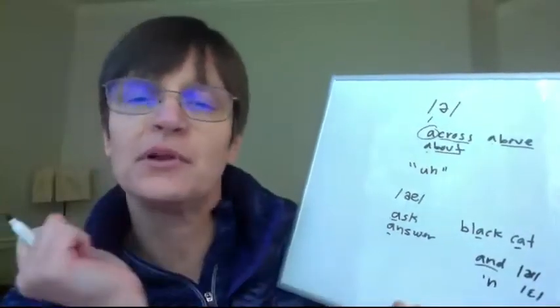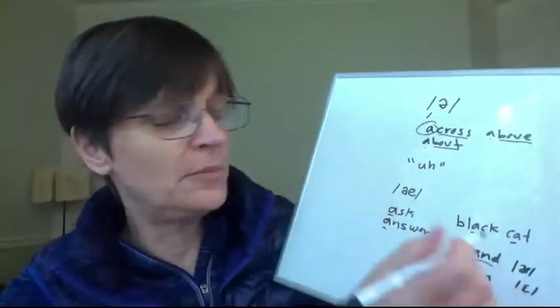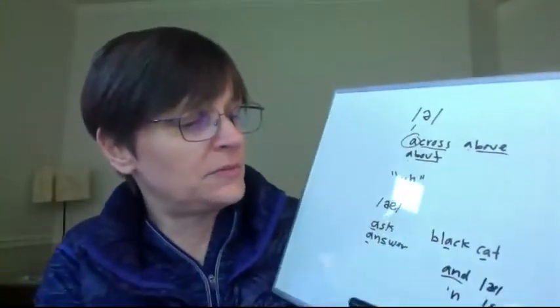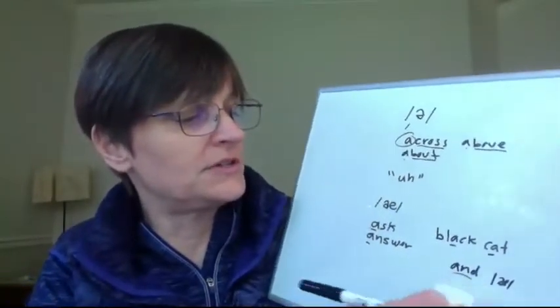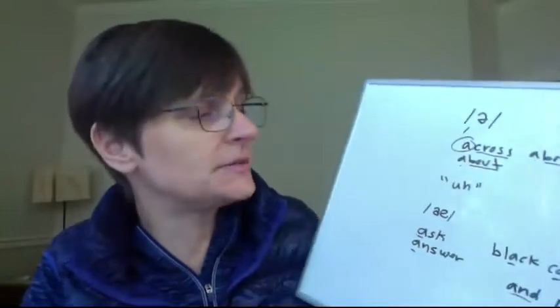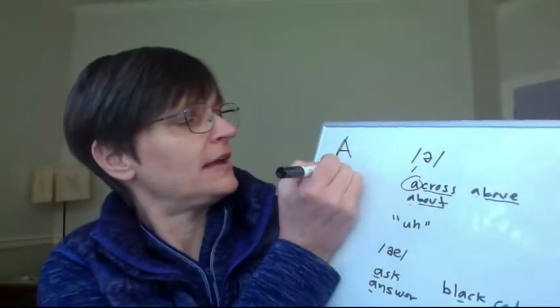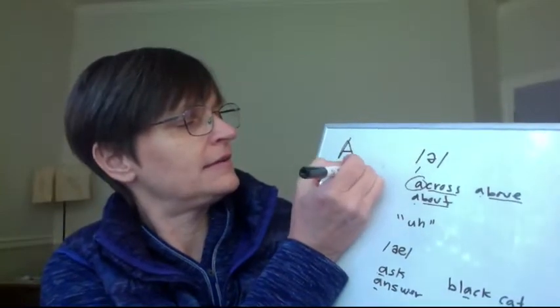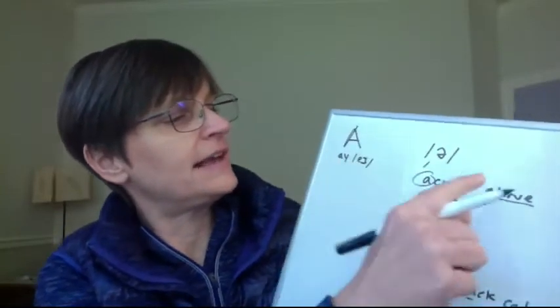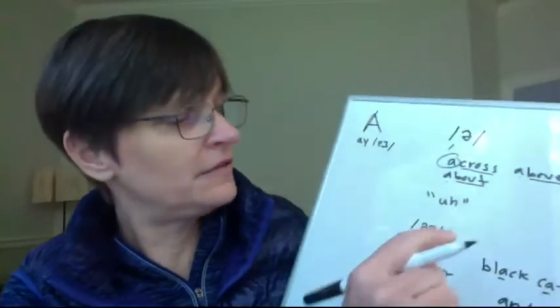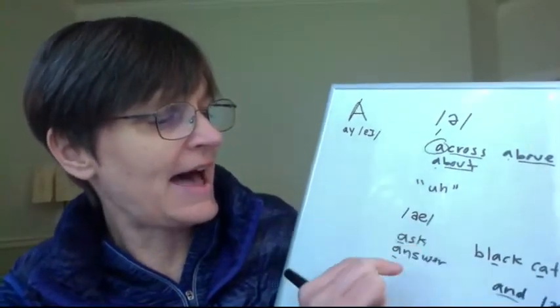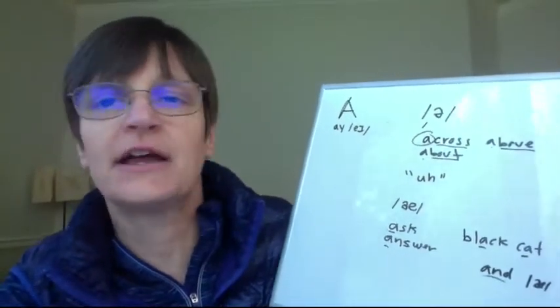And that's an example of speech reduction. But for most cases where the word is stressed, the vowel æ is consistent. So we have letter A saying æ. We have letter A saying schwa, like across and above. We have letter A saying æ, like ask and answer and black cat.